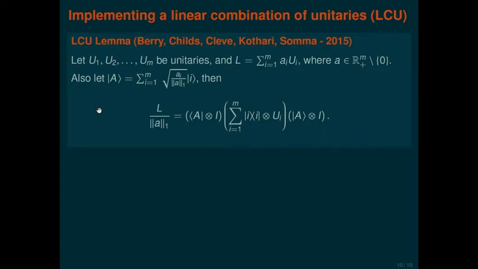And just for those who are not familiar with the linear combination of unitaries, the idea is that I have m unitaries and I have some linear operator, which is also unitary in our case, because it's a phase oracle that we want to simulate. So suppose that I have this linear operator L, which I can express as the sum of these unitaries.